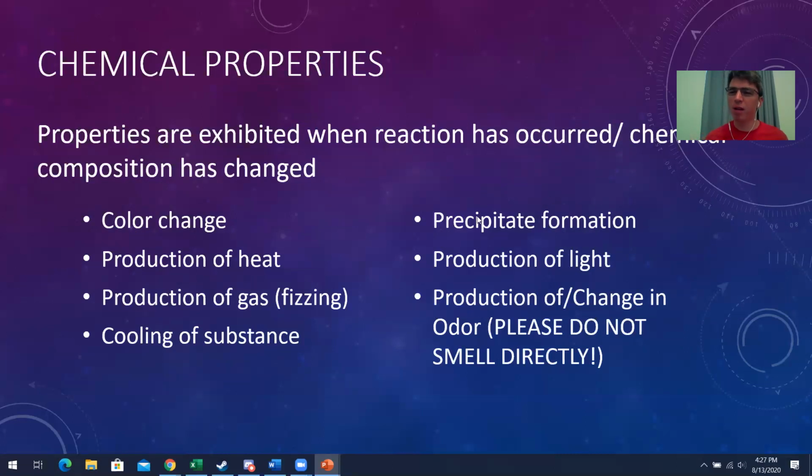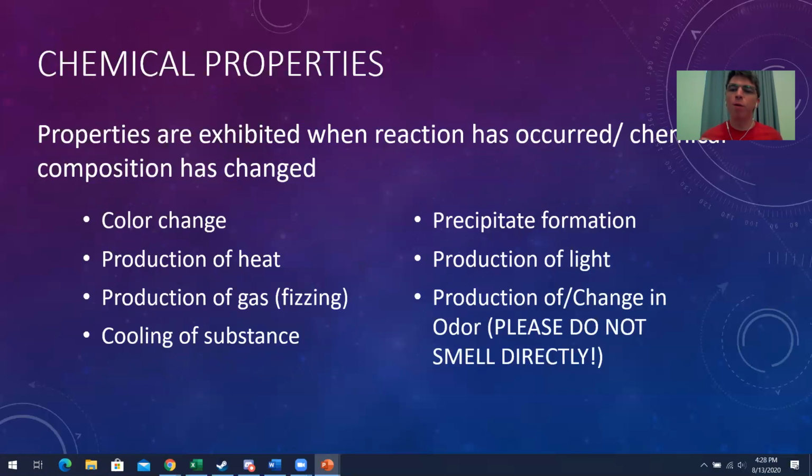I'll get into that, we're doing an experiment about it in a few weeks, but basically if you take two liquids and mix them together and get a solid, you've made a precipitate, and that has some chemical properties associated with it.